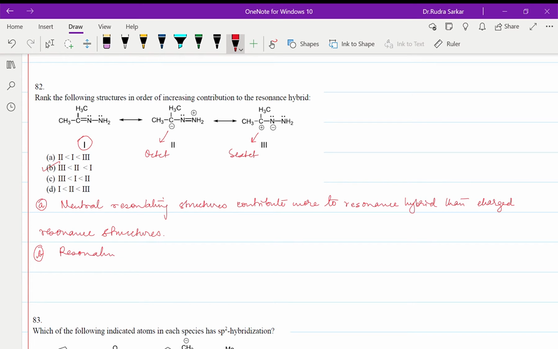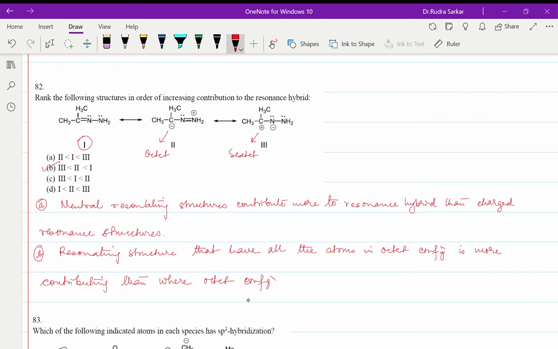resonating structures that have all the atoms in octet configuration are more contributing than those where octet configuration is not present.